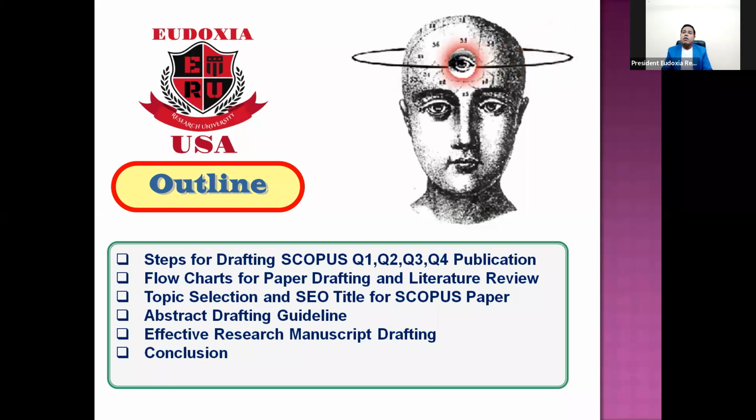There will be a flowchart, one picture in front of you, so that you can follow it directly while drafting your manuscript. Then topic selection, how you can select the topic, and of course abstract drafting.